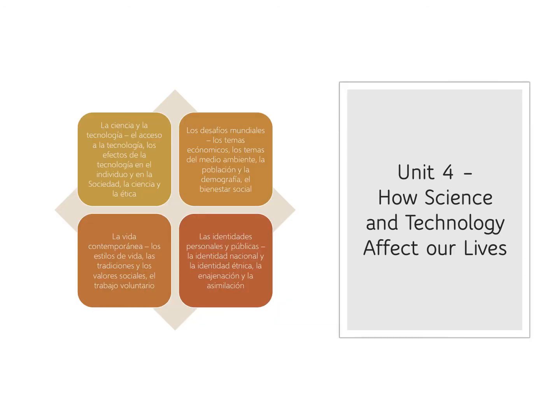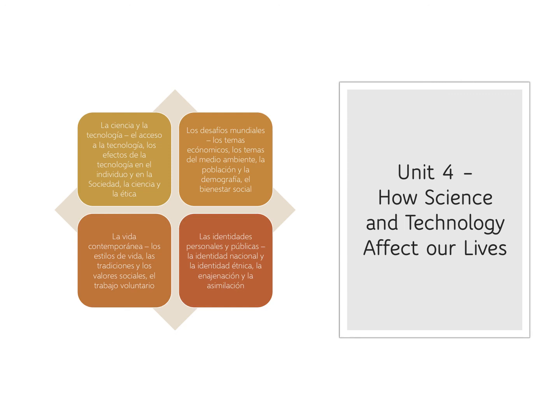Finally, the topic of Unit 4 is how science and technology affect our lives. And again, within this, there are 4 different topics with subtopics. So the first one is la ciencia y la tecnología, and within that, they're going to cover el acceso a la tecnología, los efectos de la tecnología en el individuo y en la sociedad, y la ciencia y la ética. The second topic would be los desafíos mundiales.